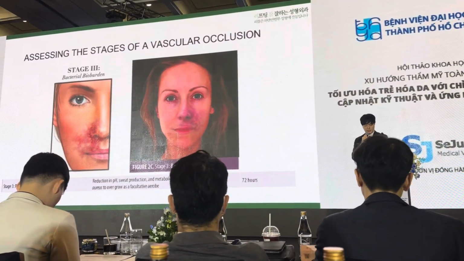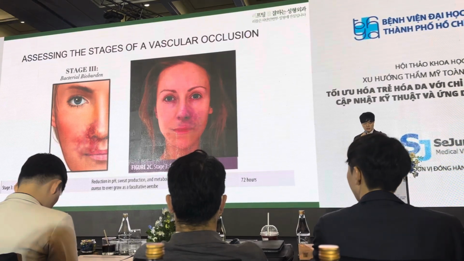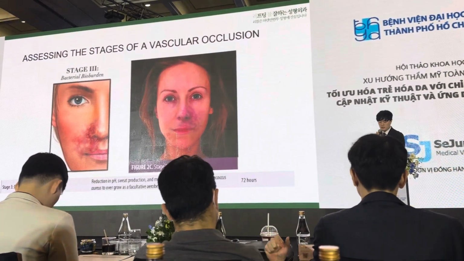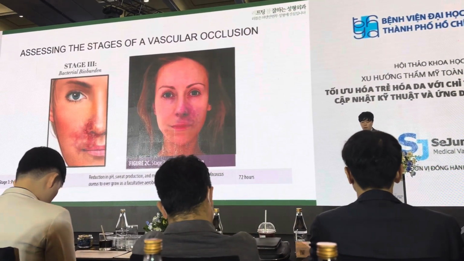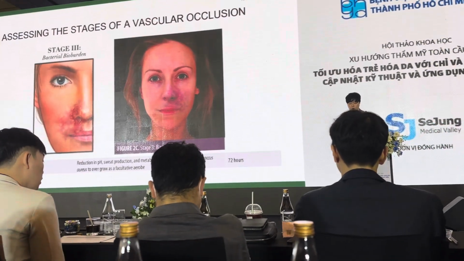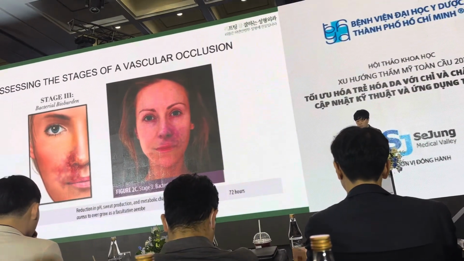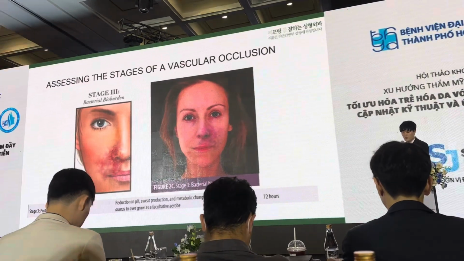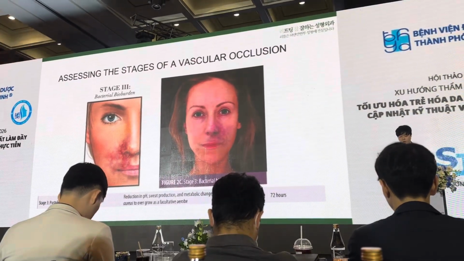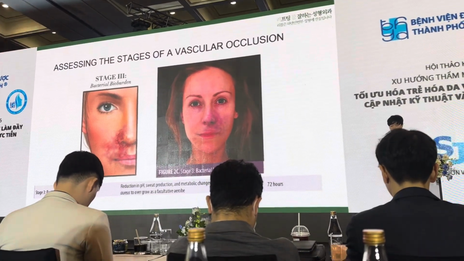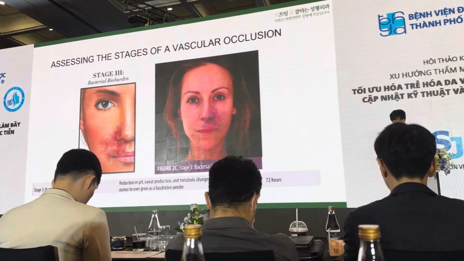Three, pustule formation, bacterial bioburden. The third stage involves pustule formation due to bacterial overgrowth. As the sweat gland loses function, the skin pH drops, creating a favorable environment for bacterial proliferation.